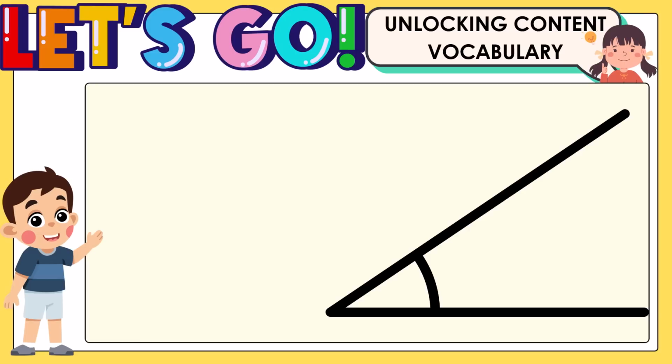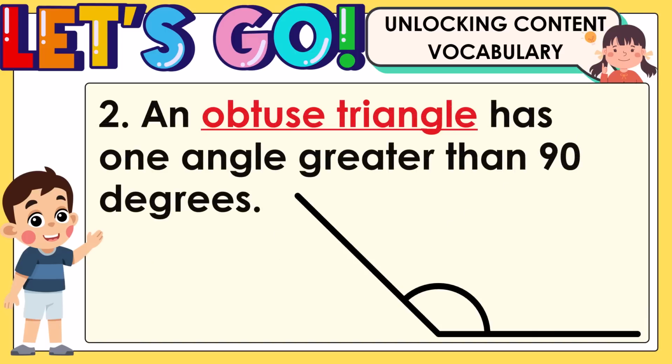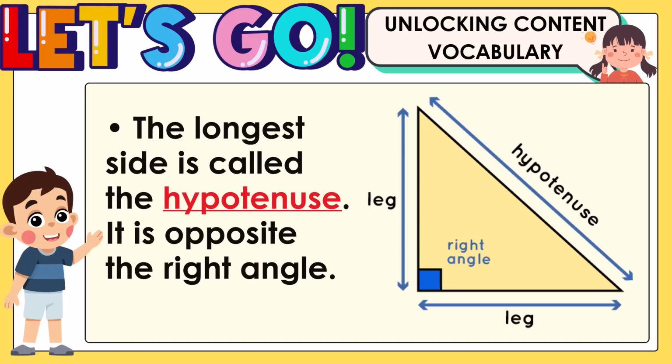Unlocking content area vocabulary. An acute triangle has all angles less than 90 degrees. An obtuse triangle has 1 angle greater than 90 degrees. A right triangle has 1 angle that is exactly 90 degrees. The longest side is called the hypotenuse.